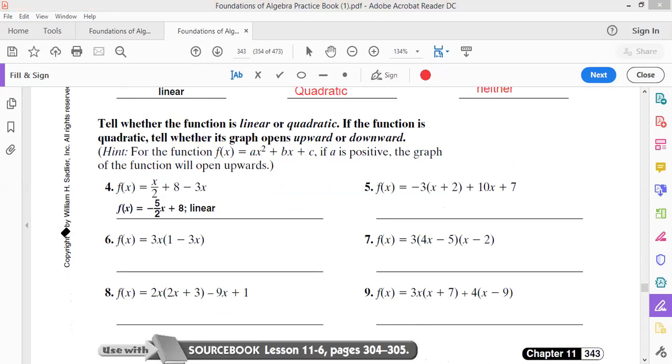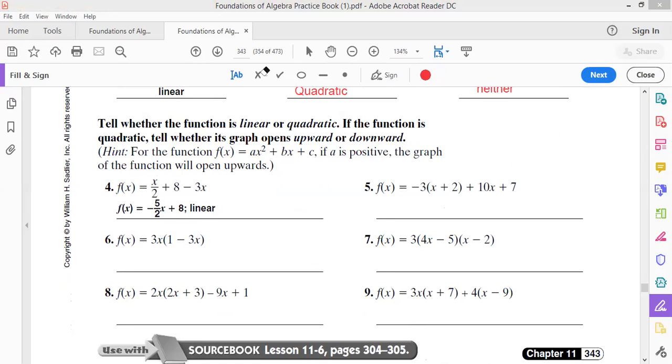First, have a look at the example. Question 4, f of x equals x over 2 plus 8 minus 3x. First, you will have to simplify this. How will you simplify this?